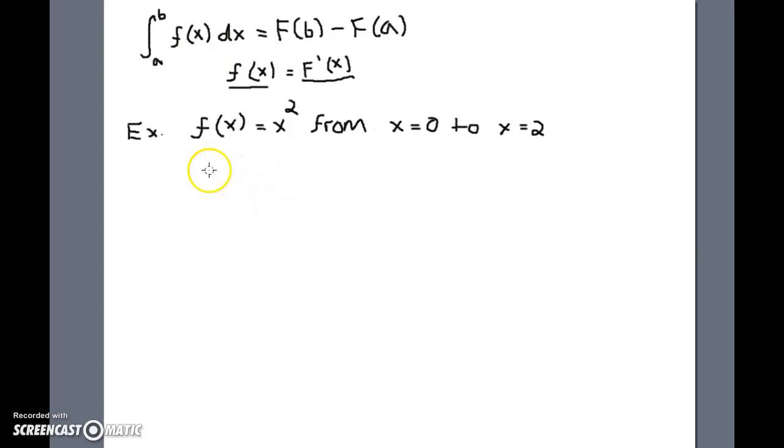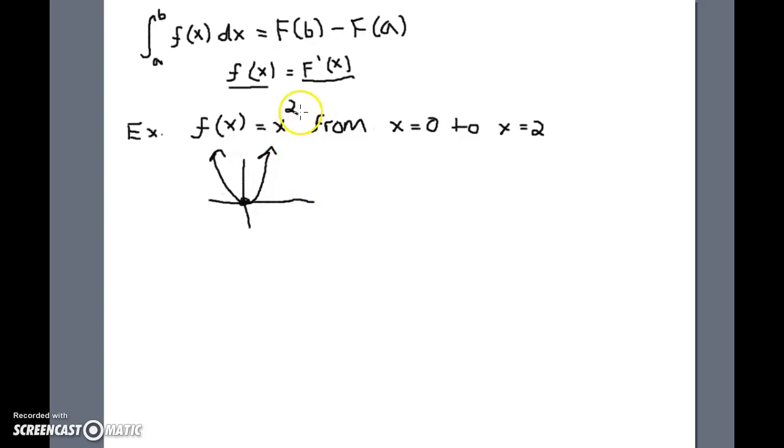So let's do an example problem. Say we want to find the area under the curve x squared from 0 to 2. Now, when it comes to the fundamental theorem, you don't have to draw a picture necessarily, but let's just draw one anyway, just so we can see what's going on. When you plug in 0 for x, you get 0, so that point's right about here.